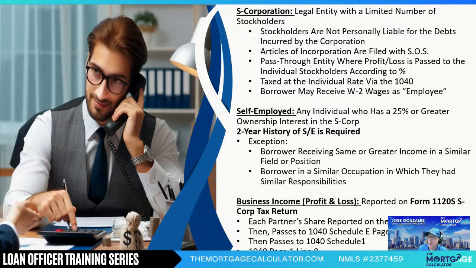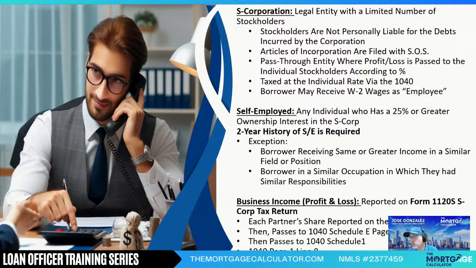One of the exceptions would be if the borrower is receiving same or greater income in a similar field or position, right? And the second would be, these are very similar, but it's just a little difference in the wording, where one talks about income doing similar field or position, and the other one talks about the borrower in a similar occupation in which they had similar responsibilities.